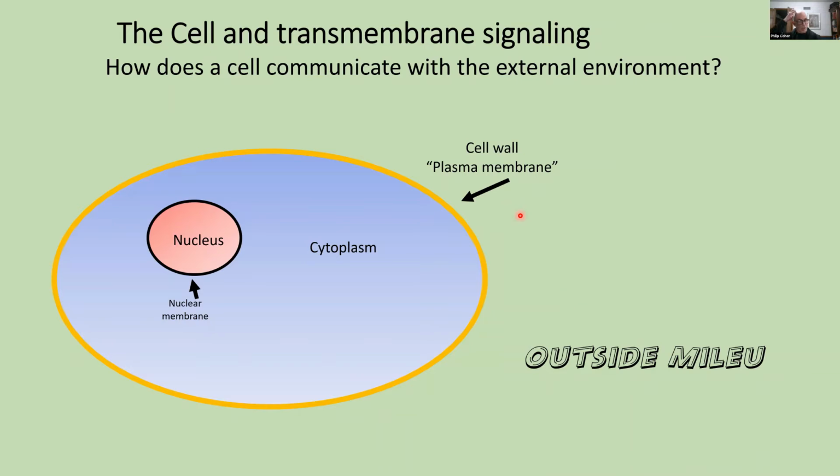So a mystery in the 40s and 50s in biochemistry was how does this occur? And how it occurs is the concept of transmembrane signaling.